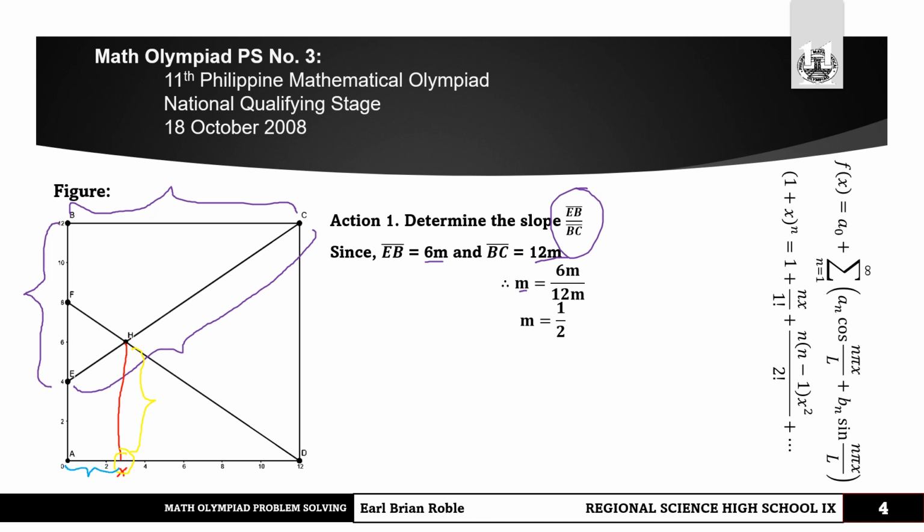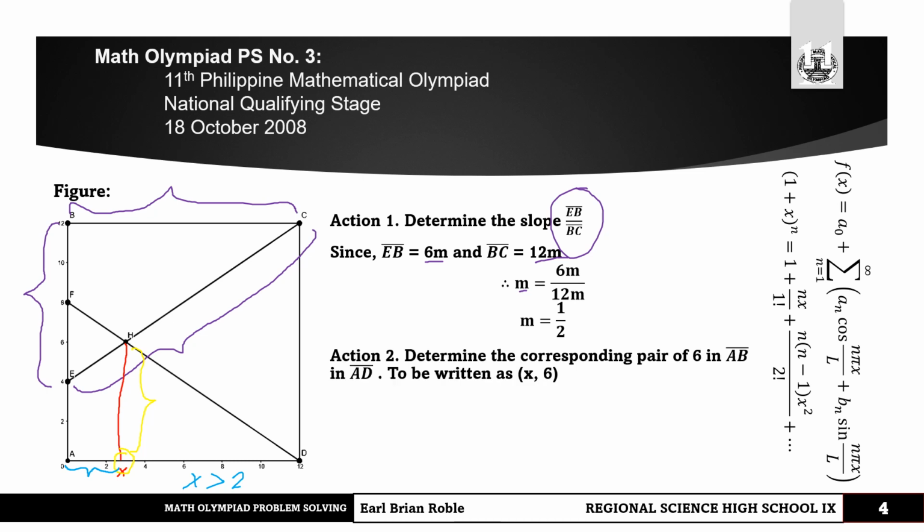Okay, so we know that it must be greater than 2 because it lies beyond 2. So we know that x is greater than 2. So let's proceed with the solution.